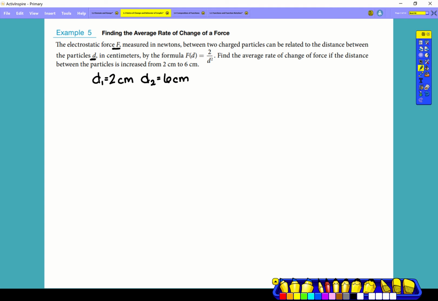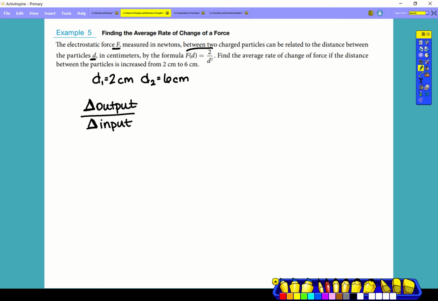So I want the average rate of change of the force if the distance moves. So that's going to be the change in the output over the change in the input. And that's a nice way to think about it, especially when you kind of have no idea what's going on.